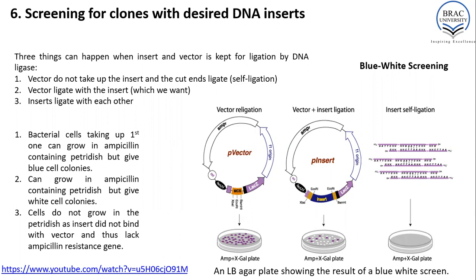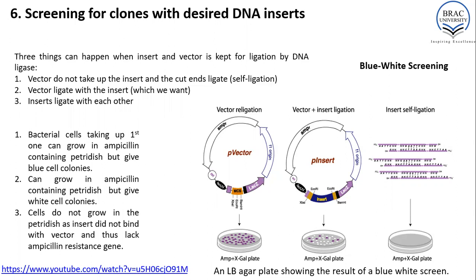In the first case, when the vector is ligated by itself, it will still grow on the plate because the vector has the antibiotic resistance gene. It will grow as blue colonies because the LacZ gene has been expressed, as the DNA insert is not ligated into the multiple cloning site.